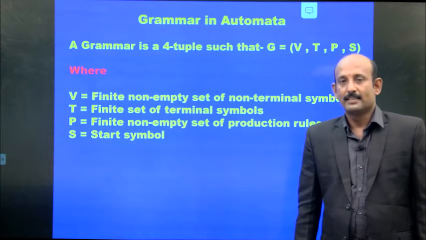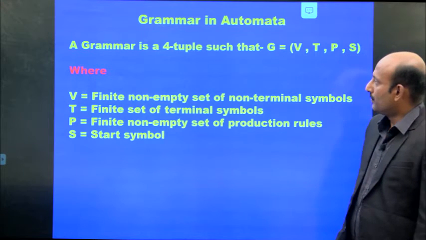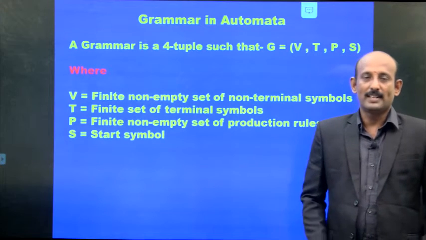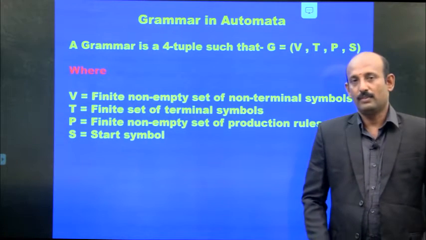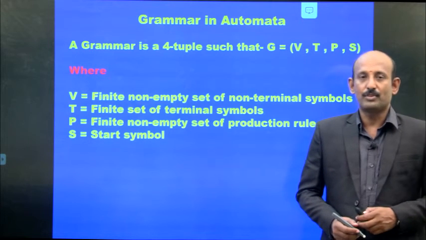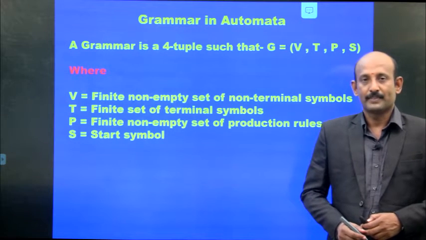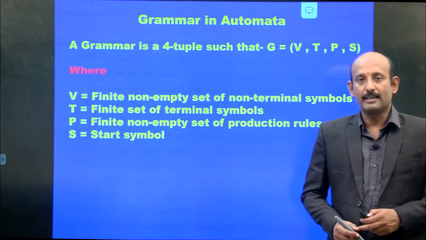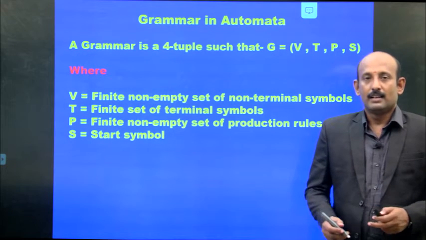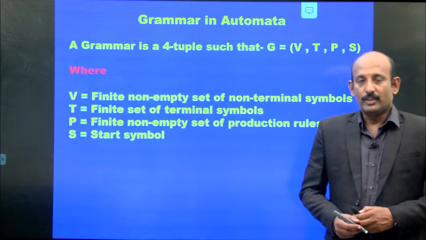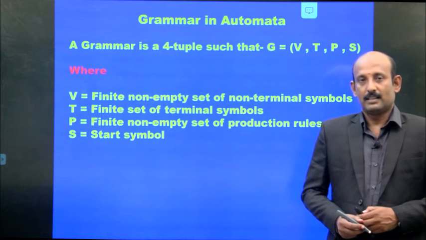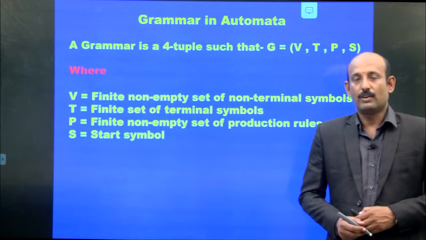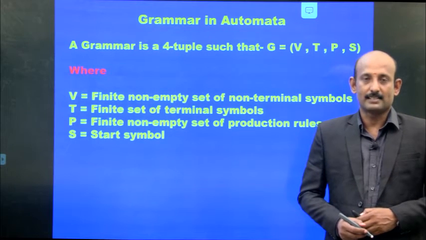The grammar is a 4 tuple. Before we start, what is the grammar, or what is its use? Why do we have to study grammar? Grammar is used to describe the notations like syntactic structures of programming languages.